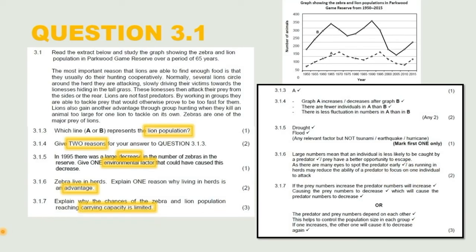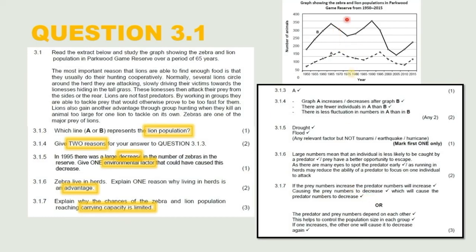Question 3.1.7. Explain why the chance of the zebra and the lion populations reaching carrying capacity is limited. So let's have a look. They say if the prey numbers increase, the predator numbers will increase, causing the prey numbers to decrease, which will cause the predator numbers to decrease again.